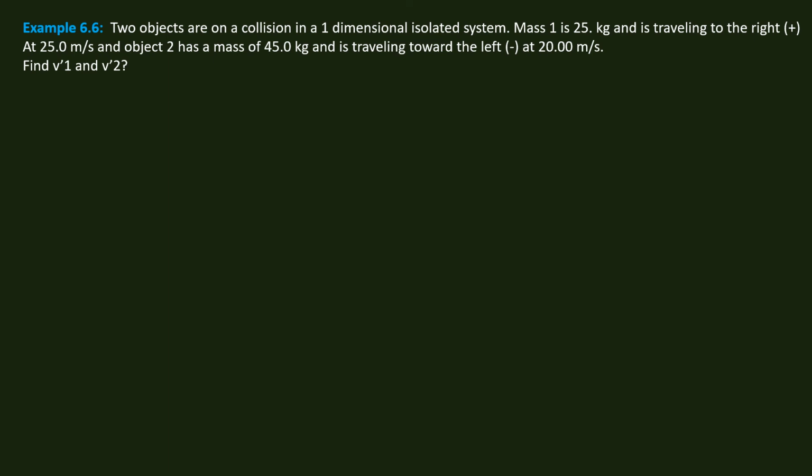So let's look at an example. Two objects are in a collision in a one-dimensional isolated system. Mass 1 is 25 kilograms and traveling to the right at 25 meters per second. Object 2 has a mass of 45 kilograms and is traveling toward the left. They're telling you the left, and they're also giving you the negative sign.